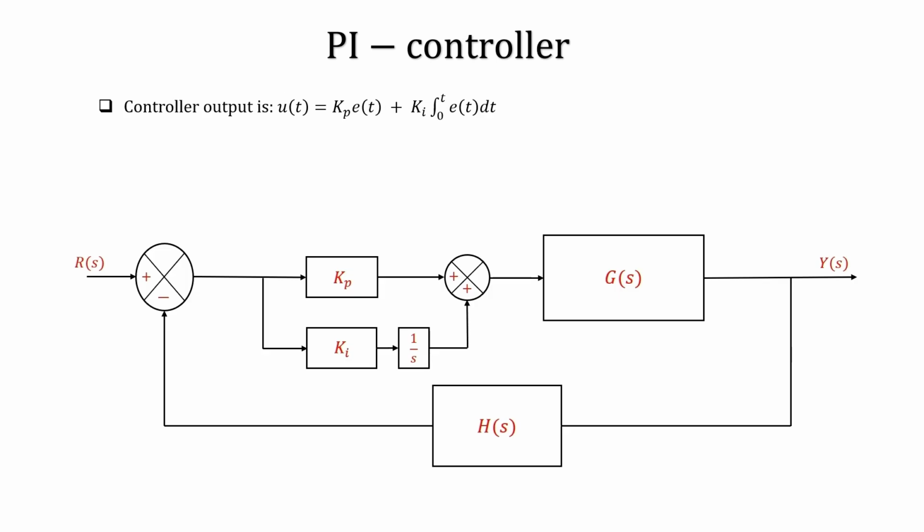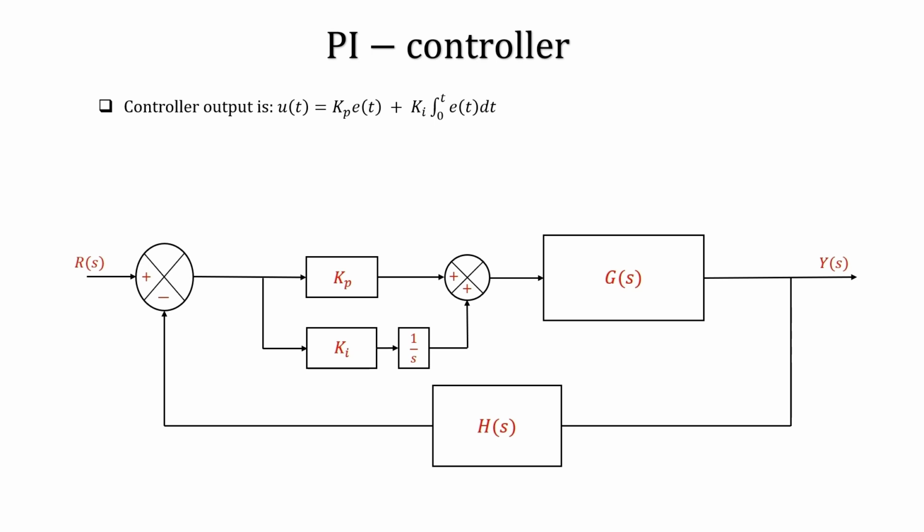Let us look at the implementation problems of a PI controller. First of all, let us try to understand how you will implement a PI controller. For a PD controller, you went for the difference method. Now, how do we implement a PI controller?